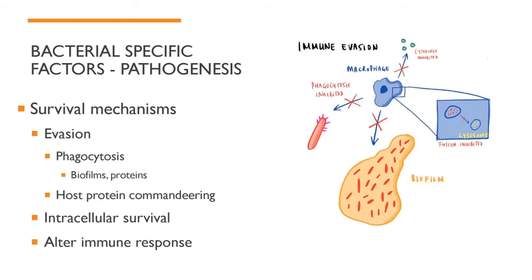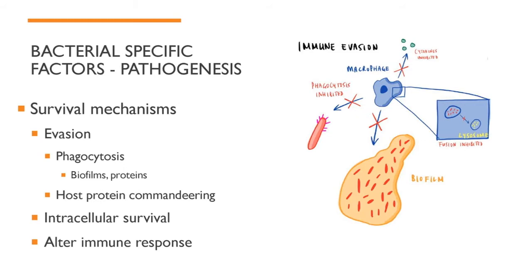Pseudomonas forms biofilms so large that phagocytosis is unable to occur. Bordetella uses a host protein called tubulin to enter epithelial cells and evade the host response. Certain pathogens can also prevent fusion of lysosomes. Altering the host immune response is a method of evasion. Upregulation of the immune response can mask the presence of bacteria, and downregulation, such as inactivation of cytokines seen in Streptococcus, allows pathogen survival.